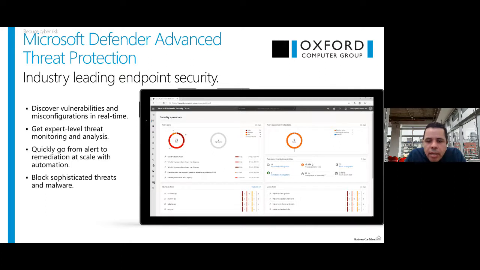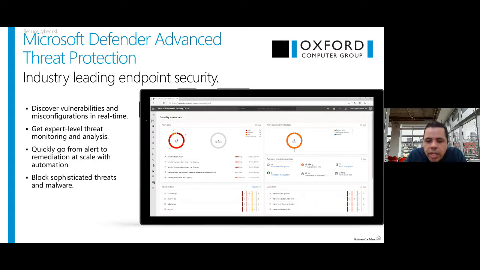Defender for Endpoint can provide a complete endpoint security that offers preventative protection, post-breach detection, automated investigation, and response. And what this comes down to is really a holistic, integrated approach to endpoint security that delivers what three or more point solutions or best-of-breed solutions in endpoint security may not be able to deliver.